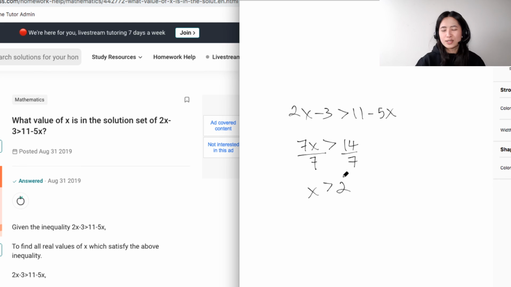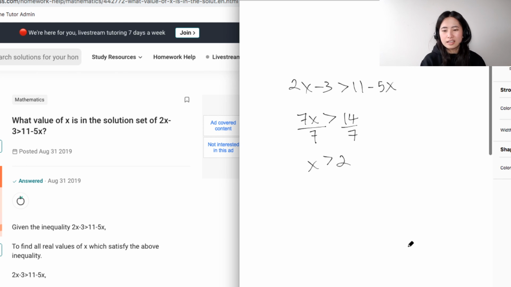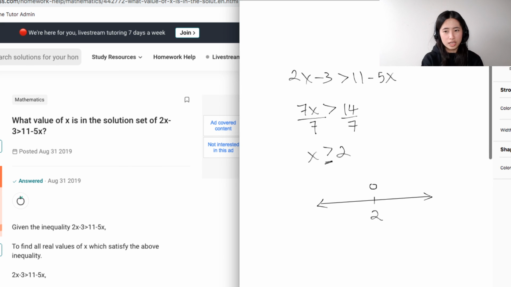Okay, great. So now from here, as you can see, anytime you have an inequality, and because we're looking at the solution set, that means we have to have a number line. So you're going to be graphing essentially such that you have 2, and we know that this is 0 over here. Because it's saying it's greater than 2, that means our inequality is not including 2, because it doesn't say greater than or equal to 2.